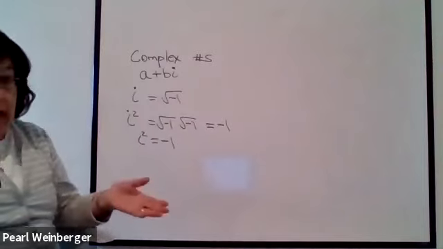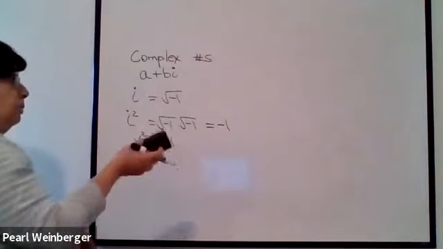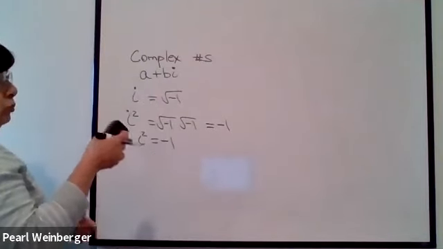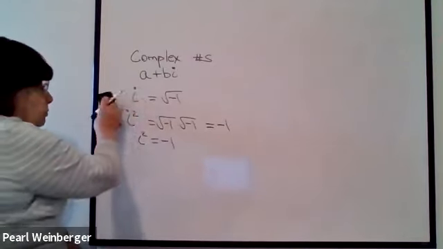So how does that work? Okay. Suppose I wanted to multiply two complex numbers.